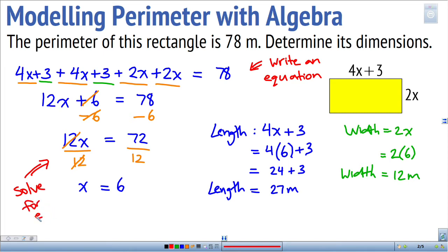And then once you have x, you need to substitute the value. So this last part here is substitute for x.